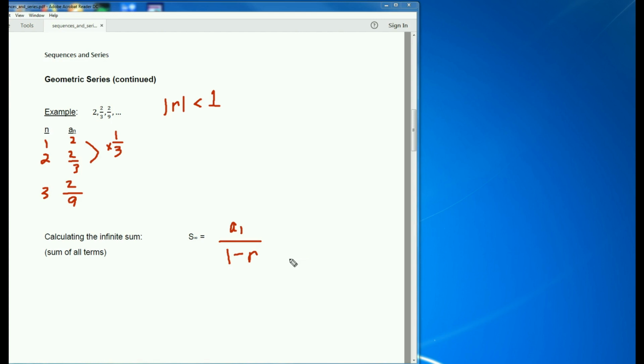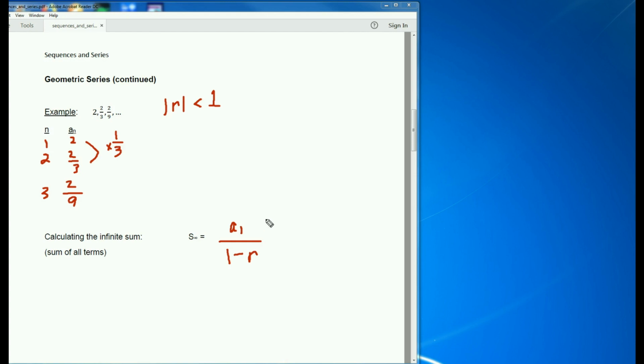If you compare this formula to the one on the previous page, you can see similarities. They both have that 1 minus r in the denominator. They both have an a1. The only difference is that the partial sum has that additional term, the 1 minus r to the n.